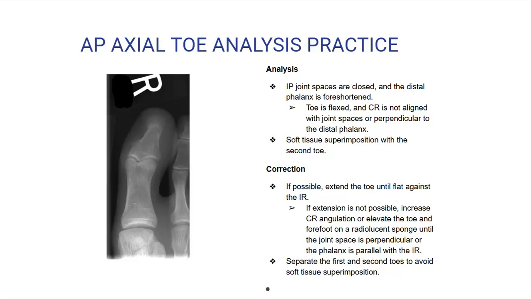In addition, we also need to separate those toes to avoid that soft tissue superimposition. These adjustments ensure open joint spaces, reduce foreshortening, and improve anatomic positioning and imaging clarity.